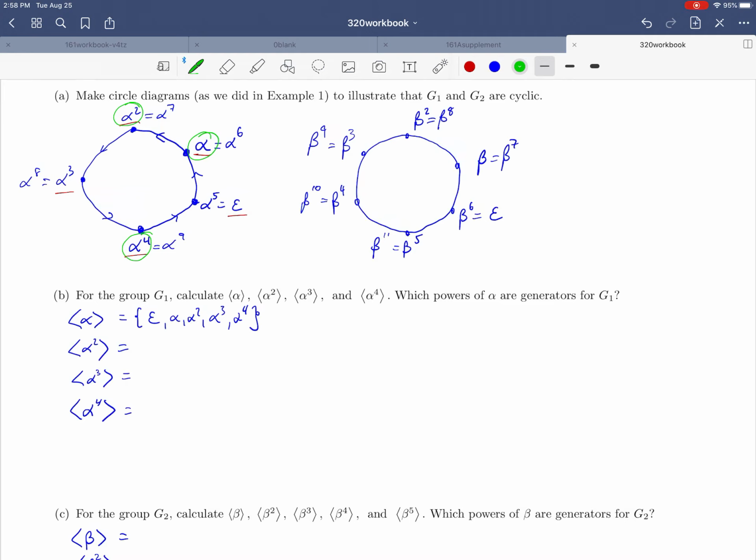Another power of alpha squared gives alpha to the 8th, which is actually alpha cubed. Another one gives me alpha to the 10th, which is the identity. So again, I am generating my entire group, in a different order: first alpha squared, then alpha to the 4th, then alpha to the 6th, which is the same as alpha, and then I finally pick up alpha cubed.